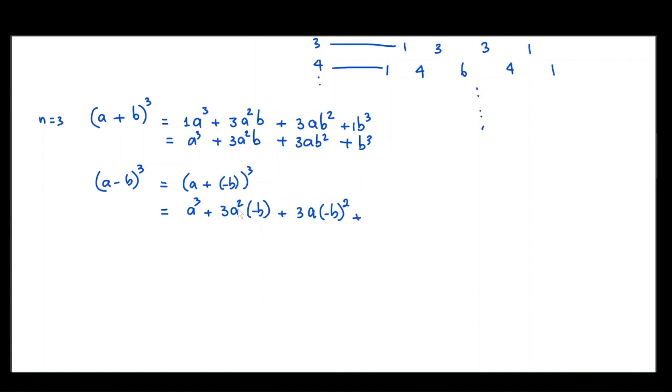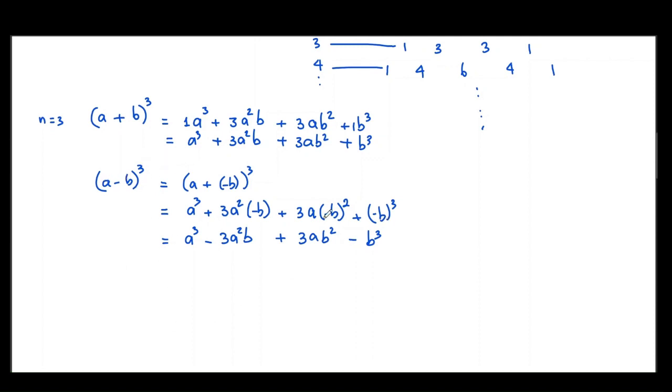And the last one is plus 1, which is negative b to the power 3. Then we simplify: we get a cubed, negative times positive gives negative 3a squared b, plus, because negative b squared becomes positive, 3ab squared. And negative b cubed is negative. So this is (a minus b) cubed.